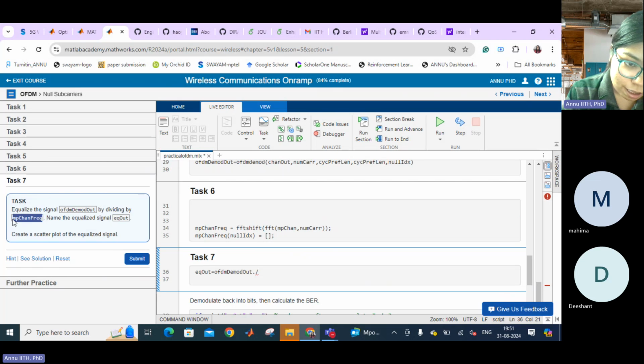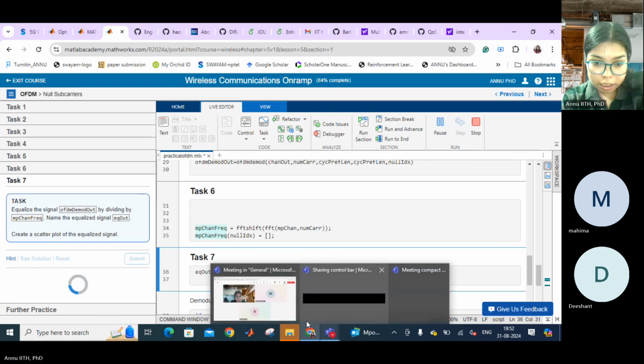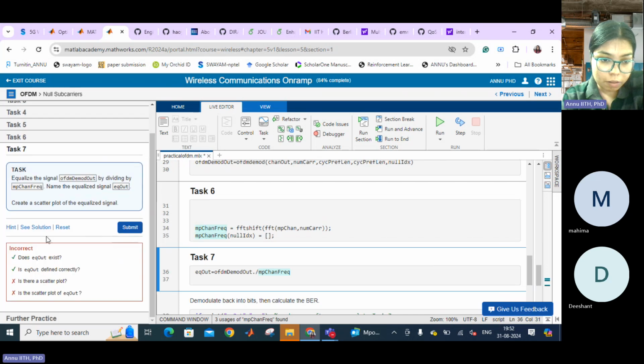We had the idea of removing that also. Understand how we are doing it. We have to create the scatter plot as well.